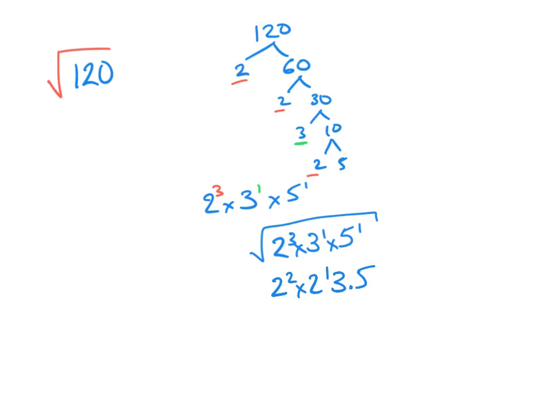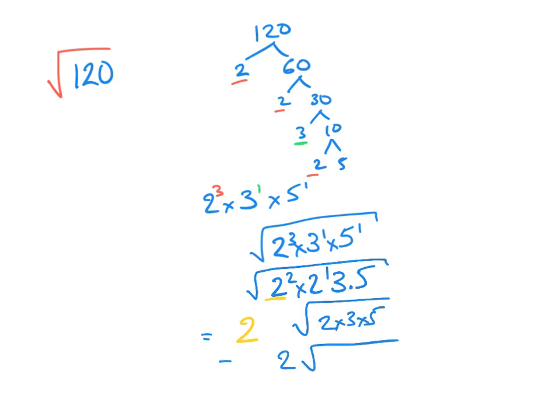So the only part of that I can pull out is that. I'm going to pull it out to the front as 2. And I'm just going to put this back for you so you can see what I've done there. And then the rest of it stays inside the surd sign. So it becomes 2 root, 2 3s are 6, 5s are 30.